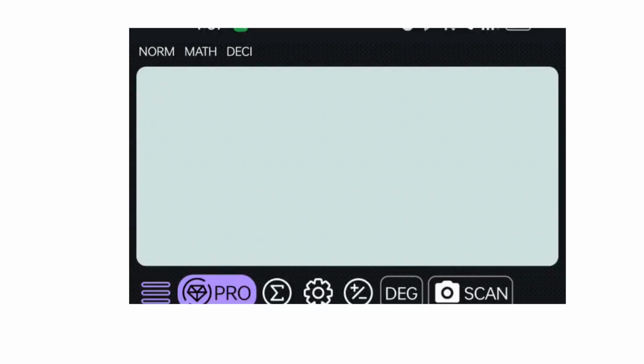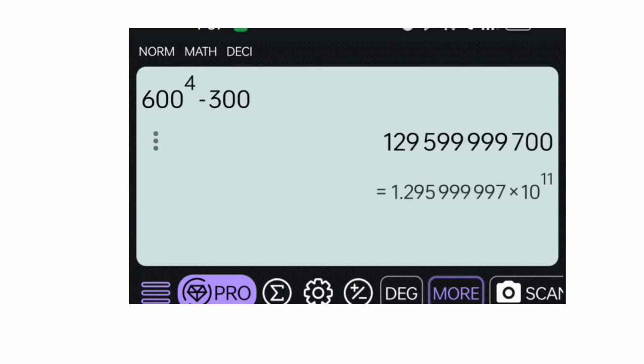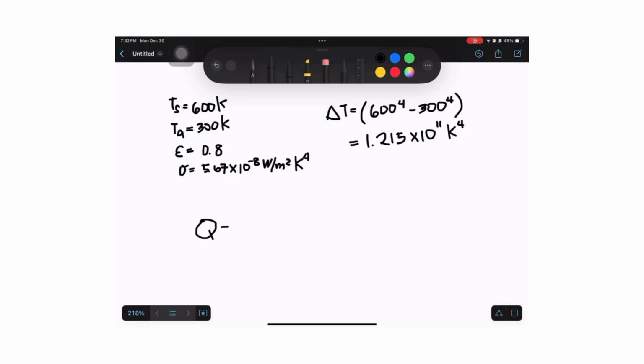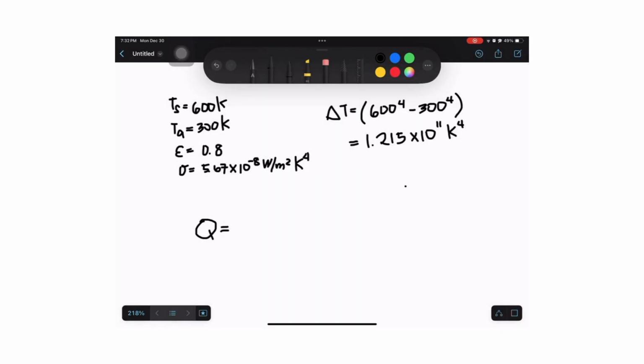Let's first calculate the temperature term. 600 to the power of 4 minus 300 to the power of 4 is equal to 1.215 times 10 to the power of 11. Now let's calculate the net radiative heat transfer.